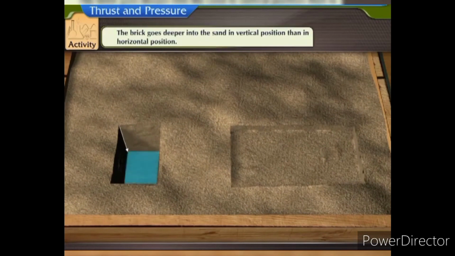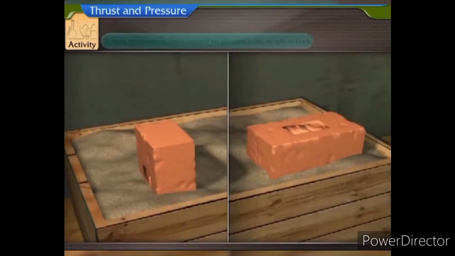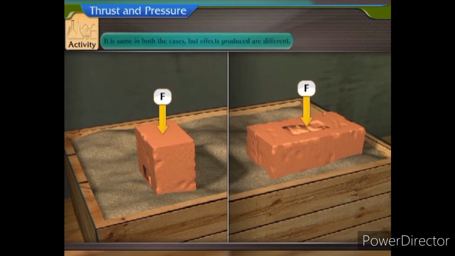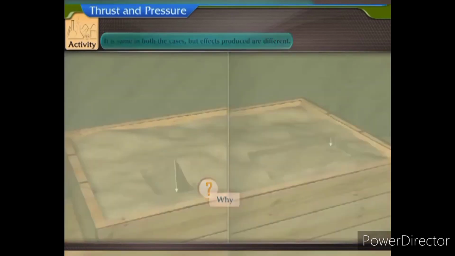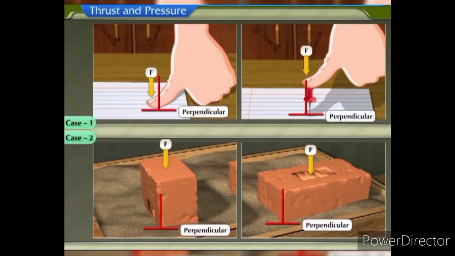The brick goes deeper into the sand in vertical position than in horizontal position. In both the positions, the force exerted on the sand is the weight of the brick, which is the same in both the cases. But effects produced are different. Why? In both of these cases, force is acting perpendicular to the surface of the paper or the sand.